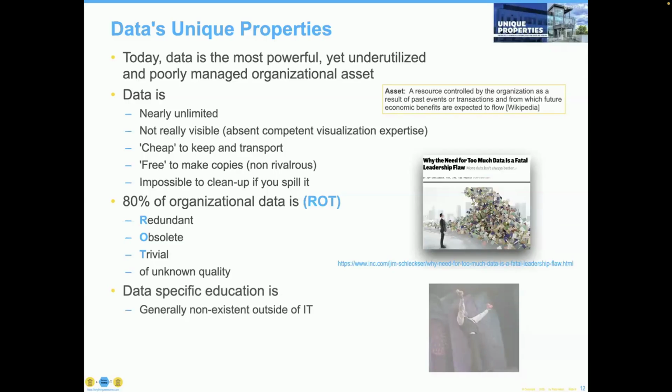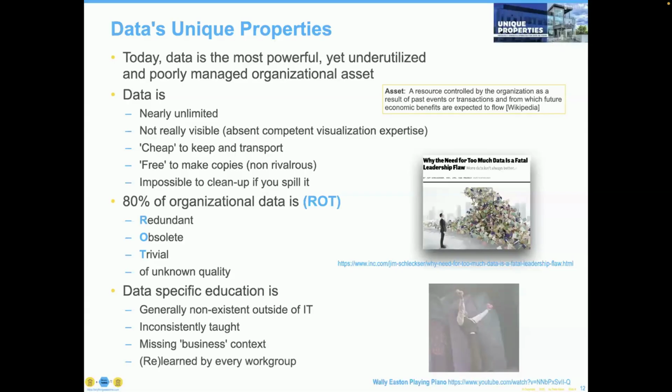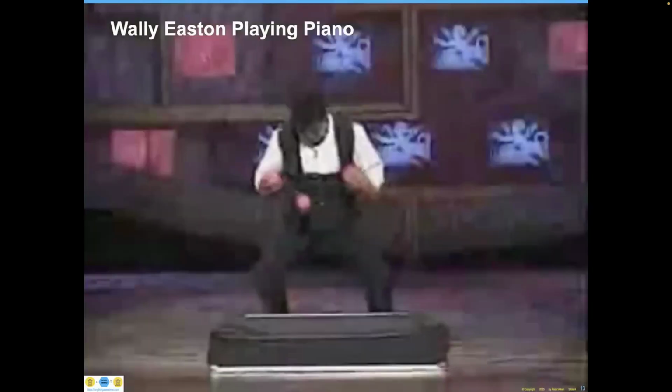Data education is generally nonexistent outside of IT. It's not really well taught, and it's typically missing the business context, which means that all of the knowledge workers in your organization have had to learn how to work with data, very similar to how Wally learned to play the piano well, but maybe not exactly to your cup of tea.